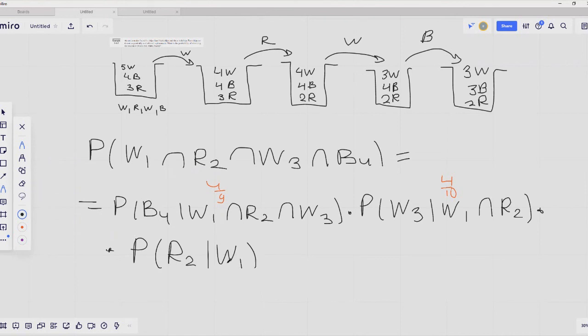So this is the same as drawing a red chip out of the second urn here, which is equal to 3/11. Multiplied by probability of drawing a white chip on the first draw, which is simply drawing a white chip out of this urn here, and it is equal to 5/12.